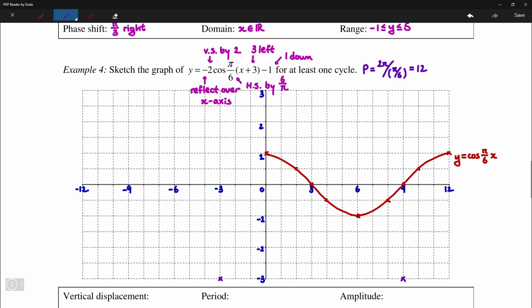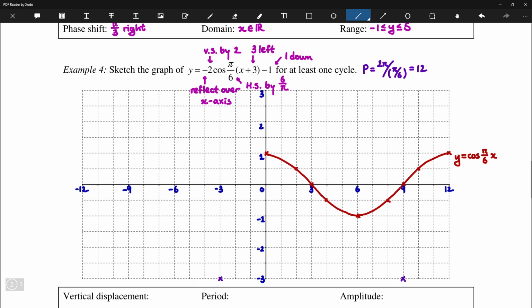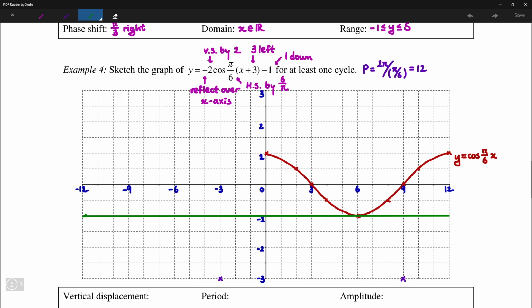Okay, so one additional detail that will be useful here is the fact that the original function, in this case y equals cosine pi over 6x, has a midline of y equals 0, and the new function will have a midline of y equals -1 because of the vertical displacement. So let's add that in.